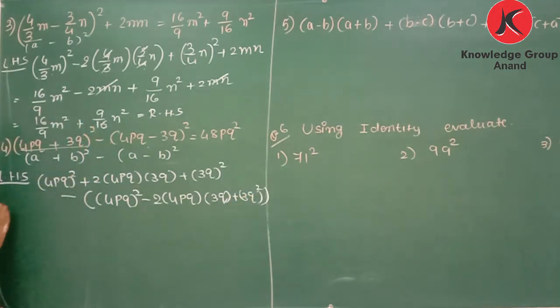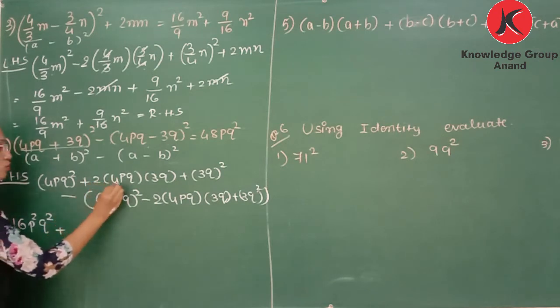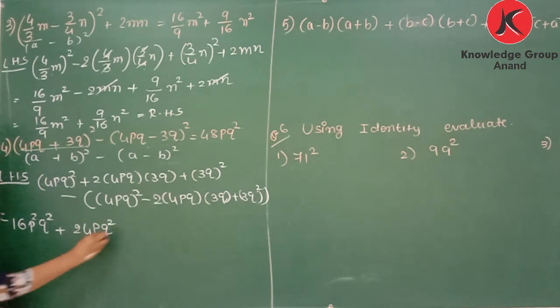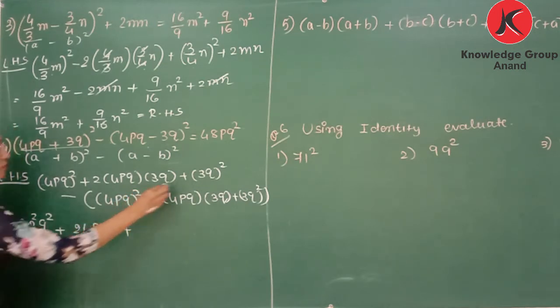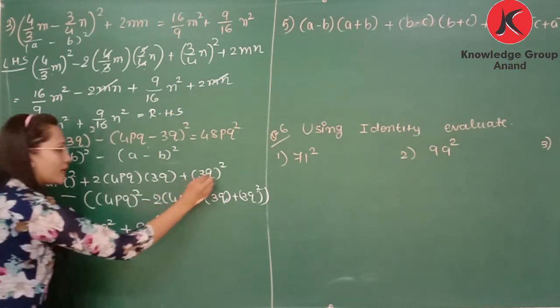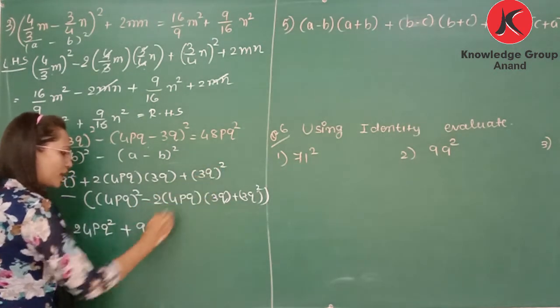Clear? Now (4pq) whole square, that is 4 4s are 16, p square q square plus 2 4s are 8, 8 3s are 24, pq square plus 9q square. 3 square is 9 and q square is q square.